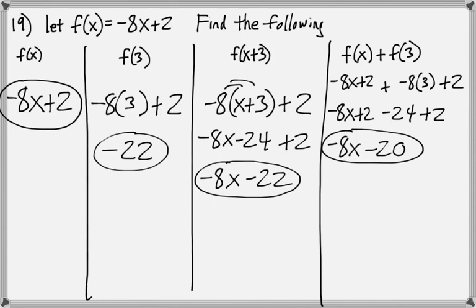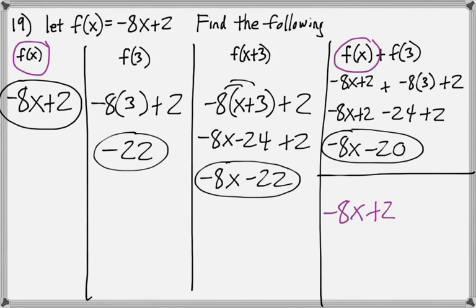Now, if you kind of look at some of the work that we've already done, you might have noticed that we already had f of x. So we could just take negative 8x plus 2. And we already had f of 3, which was just negative 22.